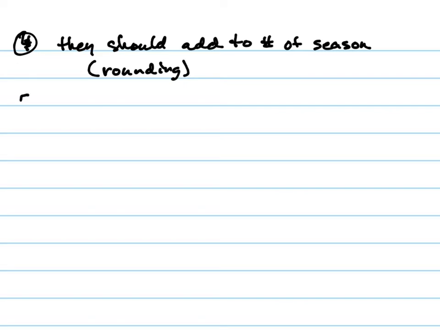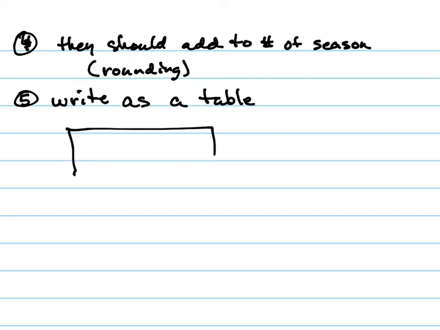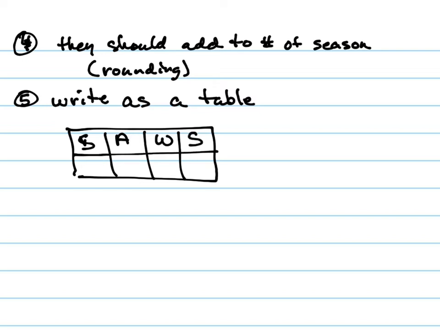And what you're always going to do is write it as a table. Again, we'll look at what the table looks like and talk about how to build the table, but it's just a table. If this is summer, this is autumn, this is winter, and this is spring, then you would get values for each season.